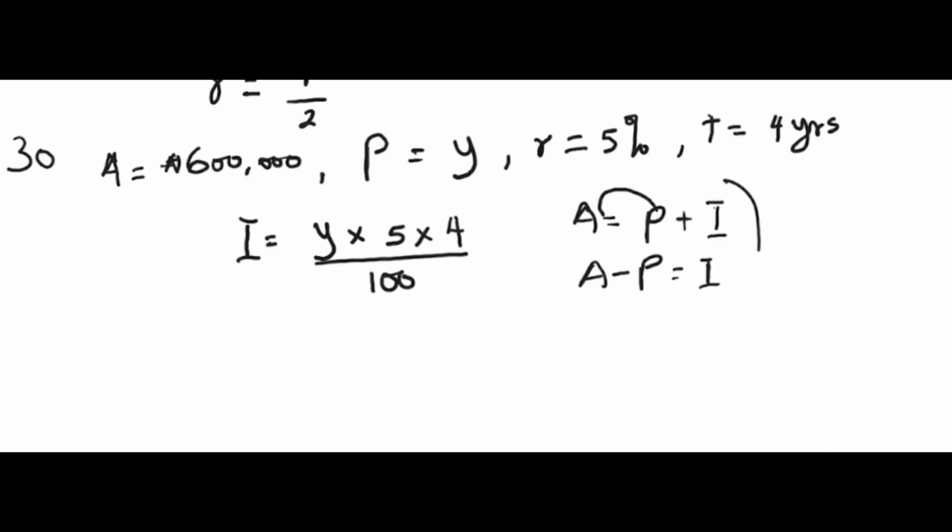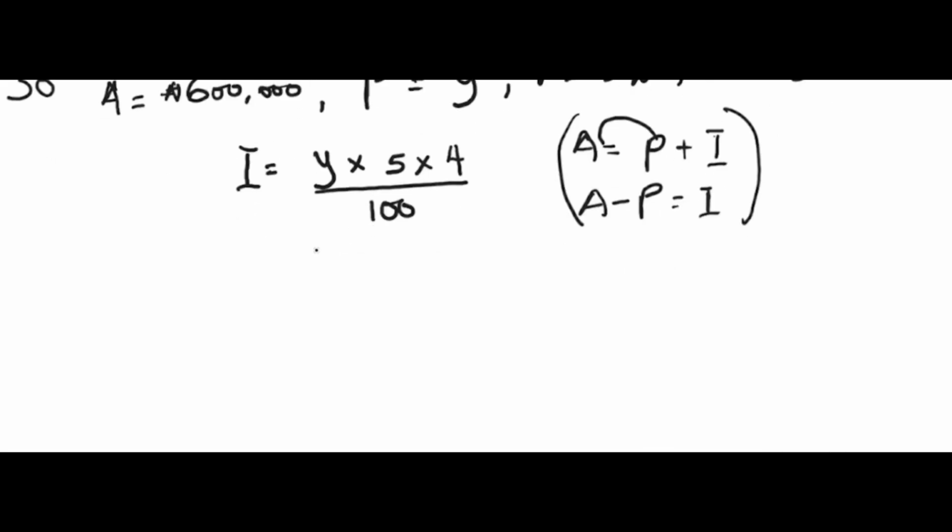Interest. Now, why do we need this information? You cannot have two unknowns in one equation except it is simultaneous. Otherwise, you can't solve for I and Y at the same time. So we're going to be replacing this I with A minus P. And our A is already 600,000. So we'll have 600,000. What's our principal?